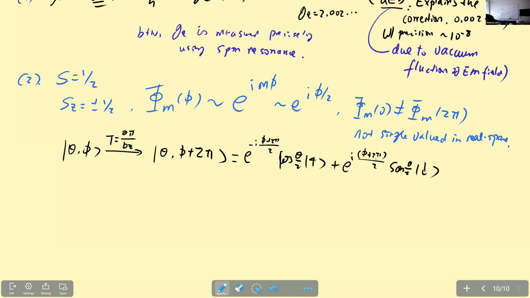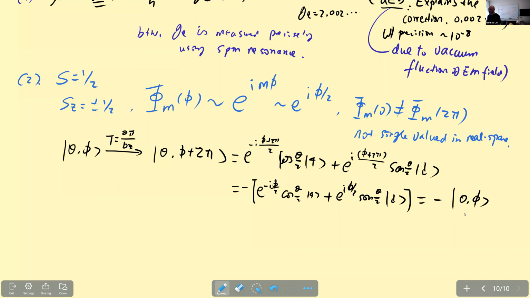Look at this: e to the i 2 pi over 2 is just e to the i pi, right? So that gives us a minus sign. So that's nothing but e to the minus i phi over 2 cosine theta over 2 spin up plus e to the i phi over 2 sine theta over 2 spin down, just a minus sign times theta and phi. So you can see that a 2 pi rotation just gives us a -1 global phase factor.